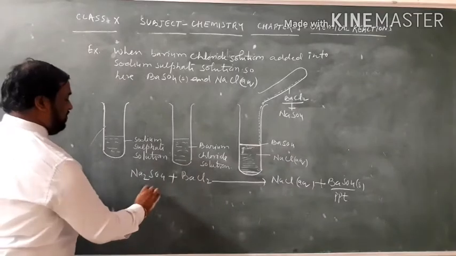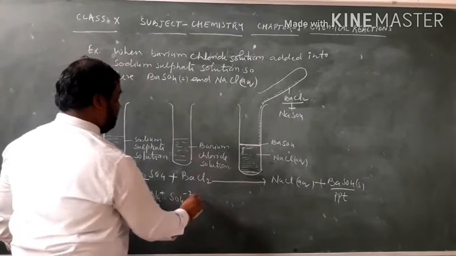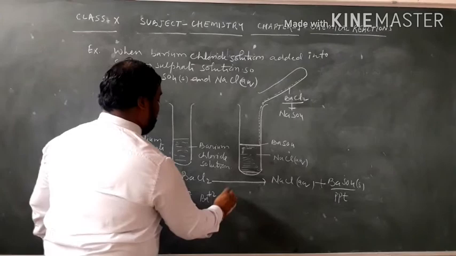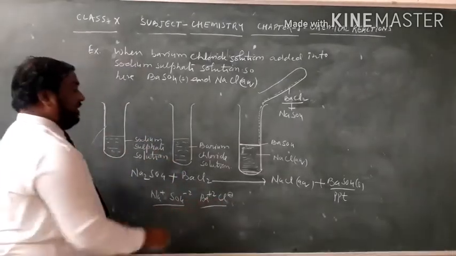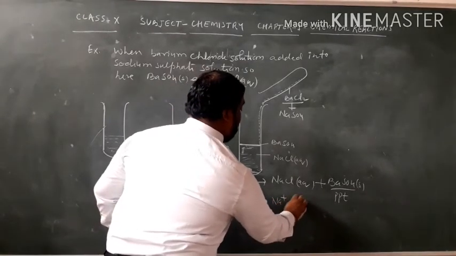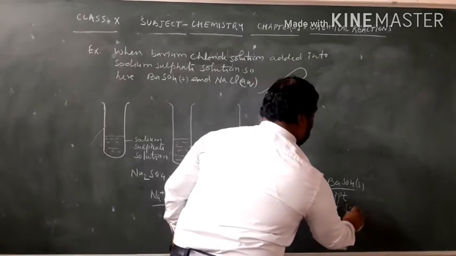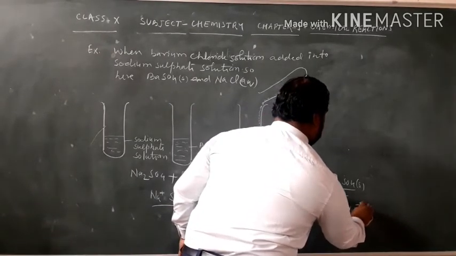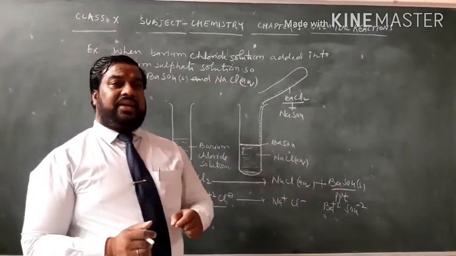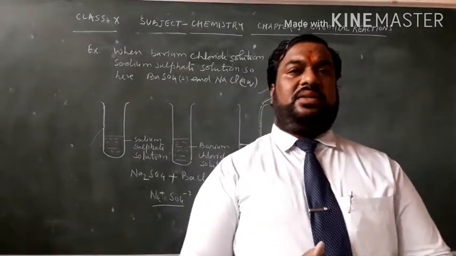So here student, first formation of sodium and sulfate ions. Similarly, barium and chloride ions. So these are the cation and anion, and fusing together they form sodium and chloride ion and barium and sulfate ion. So this is also rearrangement of the cation and anion. Today for you about double displacement reaction.